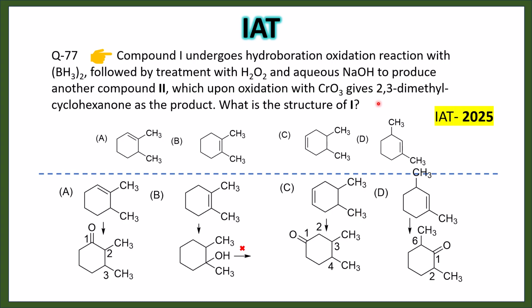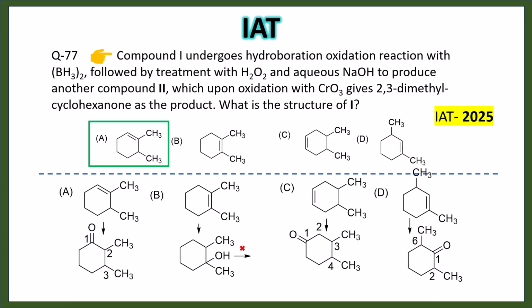This is not 2,3-dimethyl. In this case again, this side is the less hindered side, the alcohol will form here by hydroboration oxidation, and further oxidation gives the ketone, and we can number 1, 2, 3, 4, 5, 6. So it is 2,6-dimethylcyclohexanone, not 2,3.